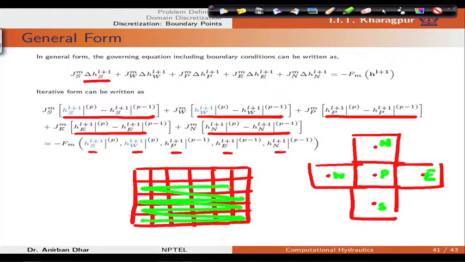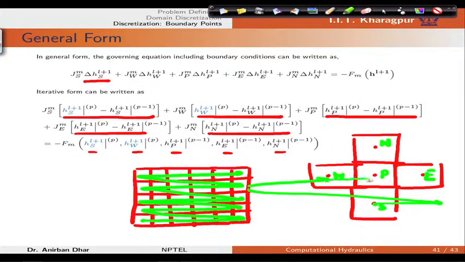So, in this case what is happening, first we are solving S, then moving in this direction, and coming back here and going to this W cell.